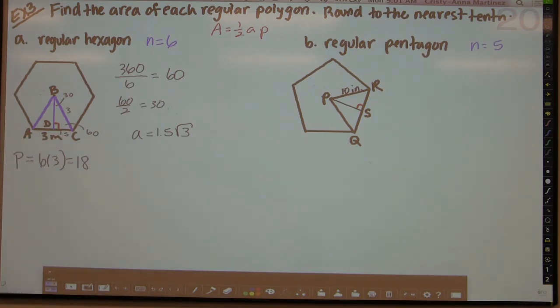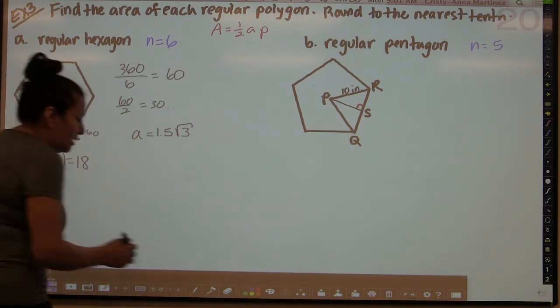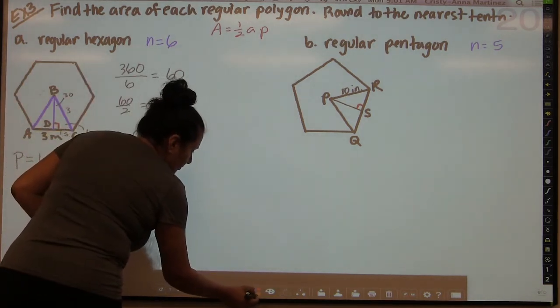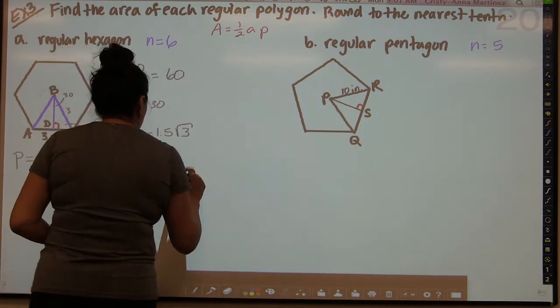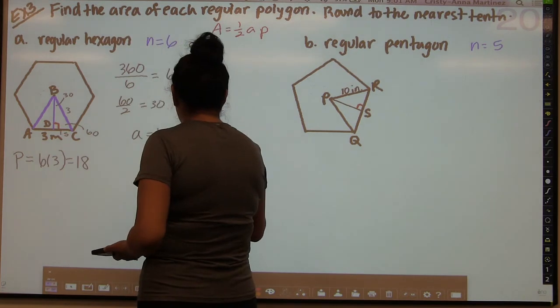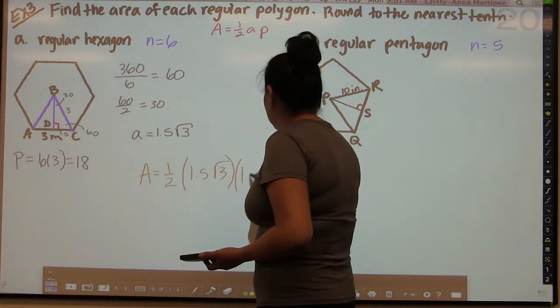Okay, so now that we have that, we have everything we need. We have our perimeter, we have our apothem. We just plug it into the formula. So let's do that. Area equals 1/2. The apothem is 1.5 root 3, and then the perimeter is 18.